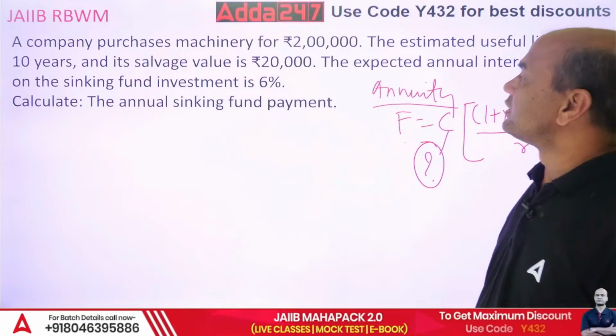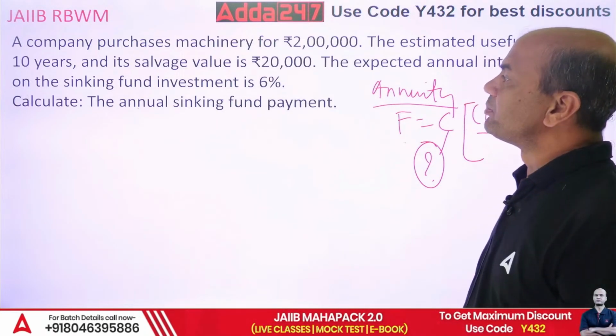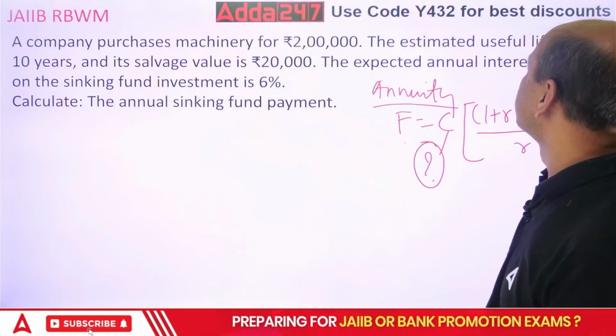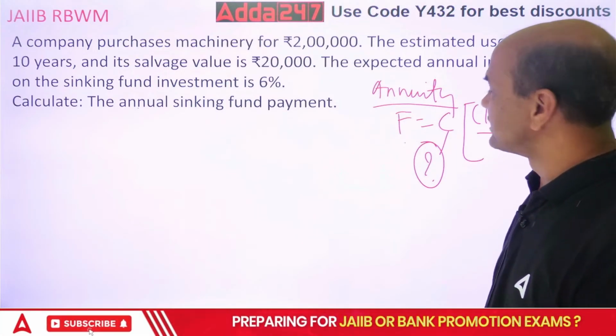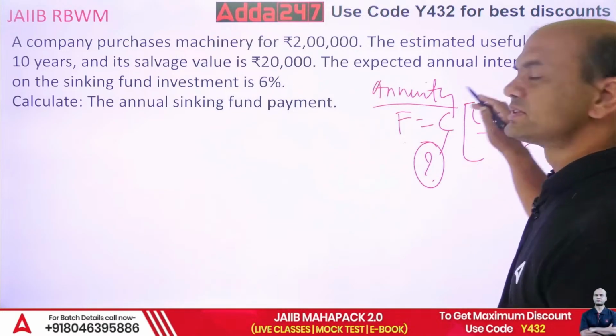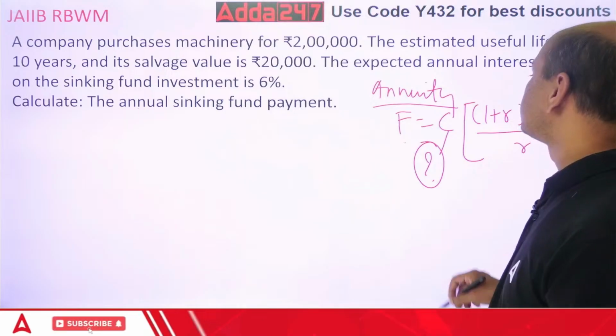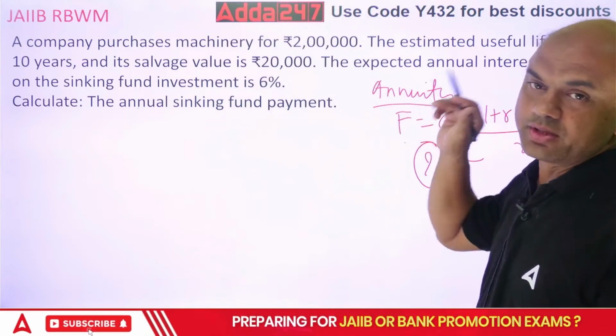So what is given? The company purchases machinery for 2 lakh. The estimated useful life is 10 years. So let's start writing all these things. First, what is the F? It means end value.